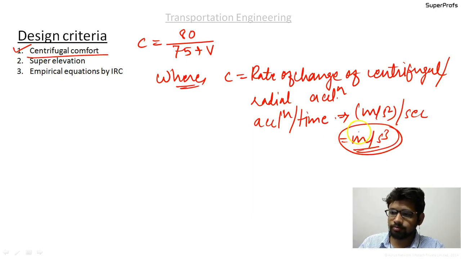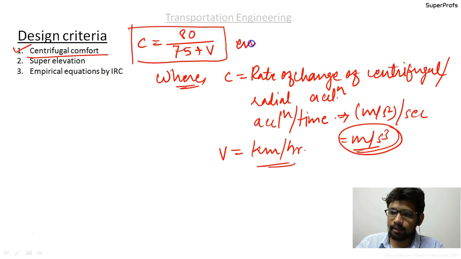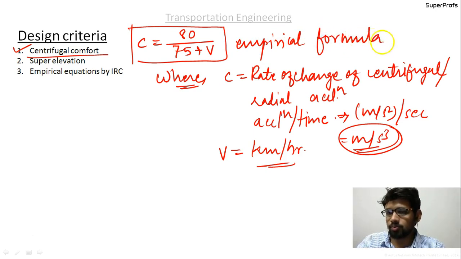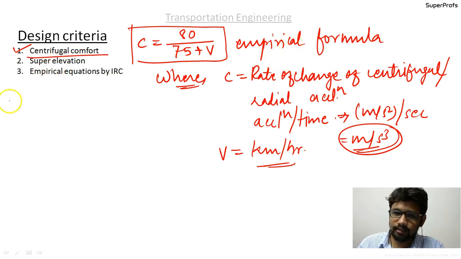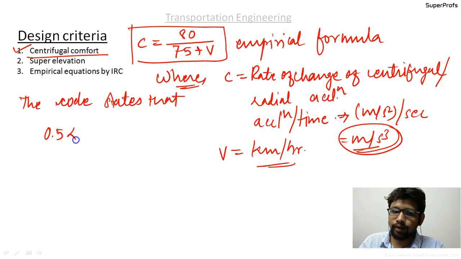Here V, capital V, is the design velocity in kilometers per hour. This is an empirical formula, so there is no proof for it. The code states that this value of C should be between 0.5 and 0.8.